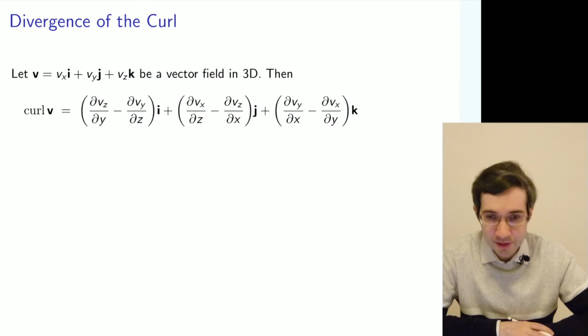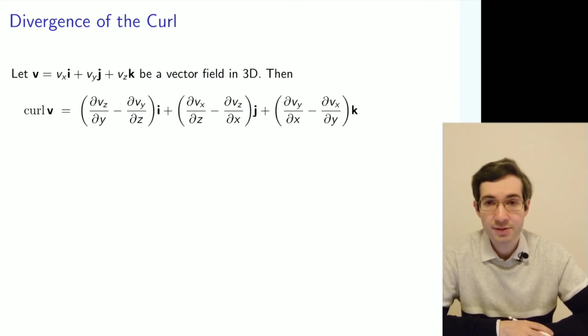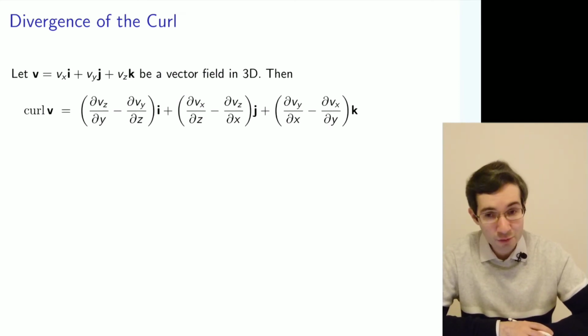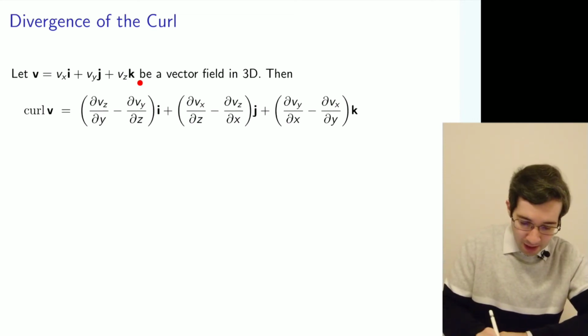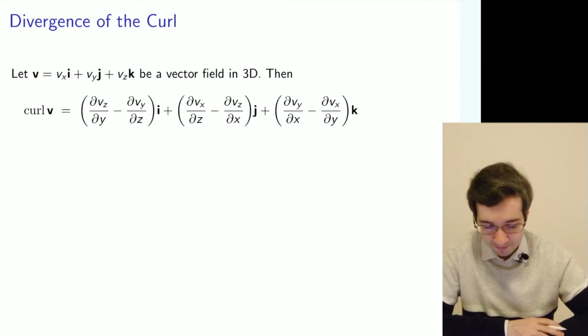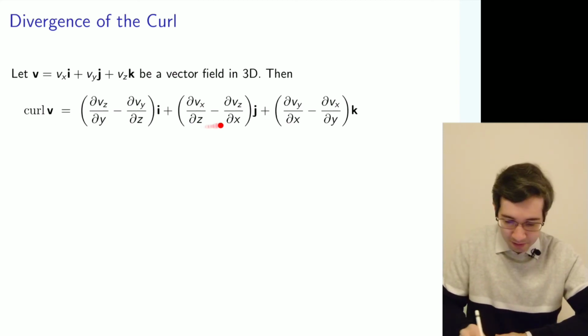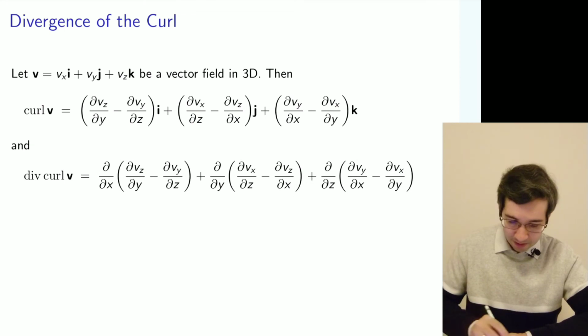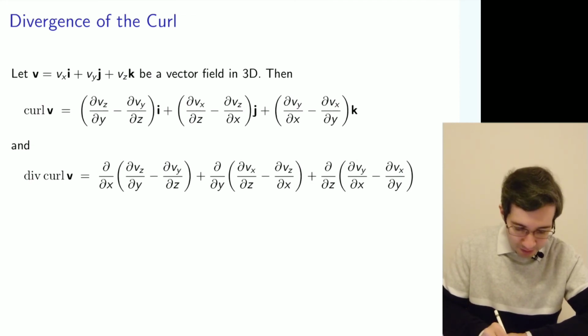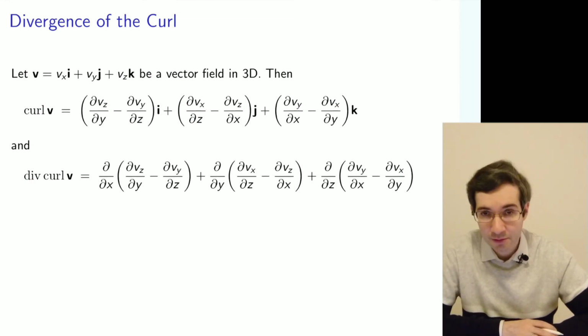Let's look at another type of iterative operation. Let's take a divergence of the curl. So first take a vector field and write down its curl, and then let's apply a divergence to that curl.